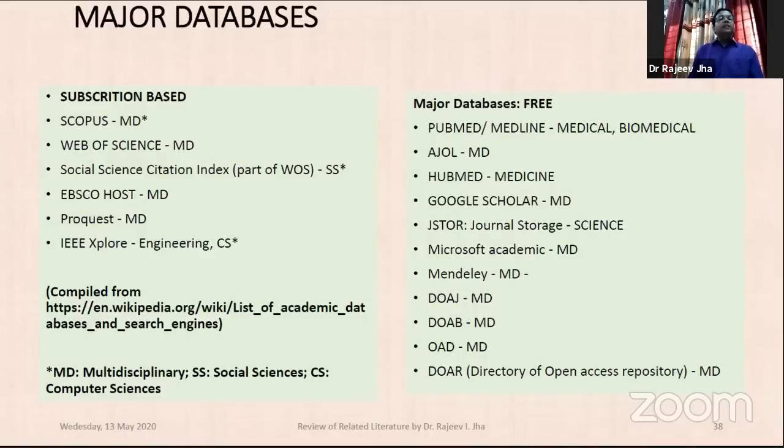Under subscription-based you find many, and under major databases that are free, you also find many. In the slide, those which cater to social sciences are marked as SS. Next slide.